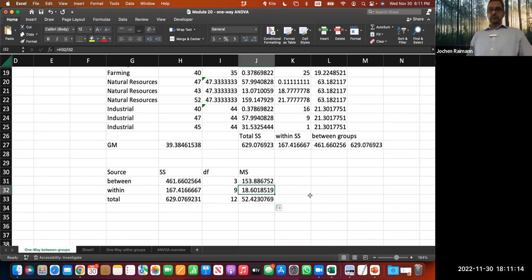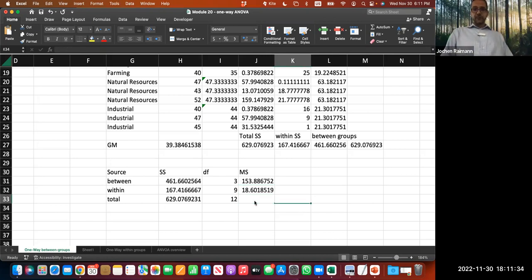So you have a within groups variance of 18.6. The total MS, forget about that. You don't really need that, but it's basically 52. But you can leave that out because that's non-informative.